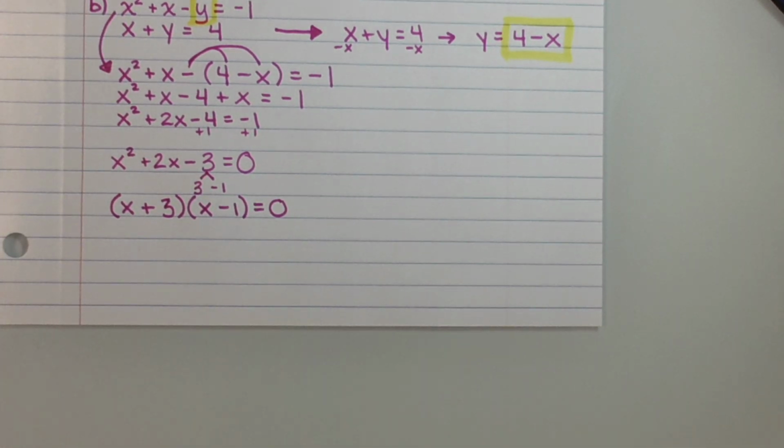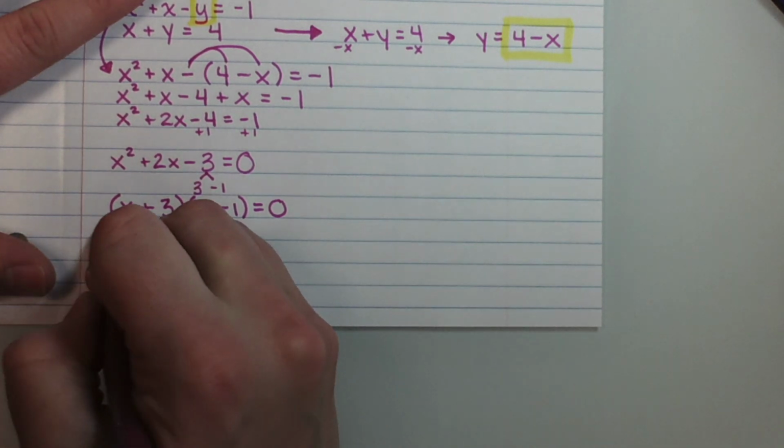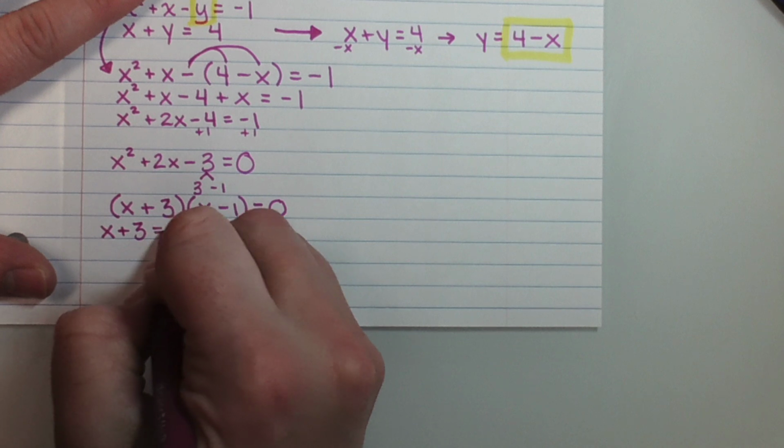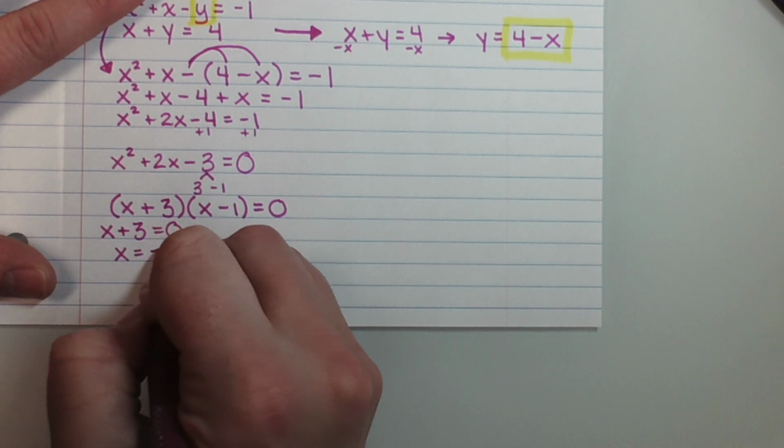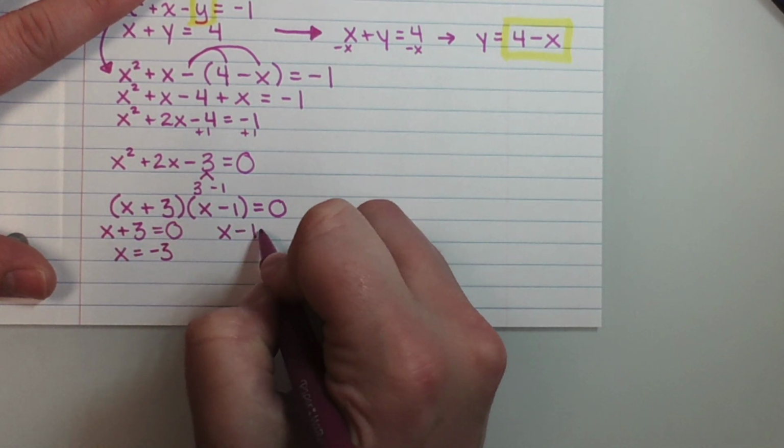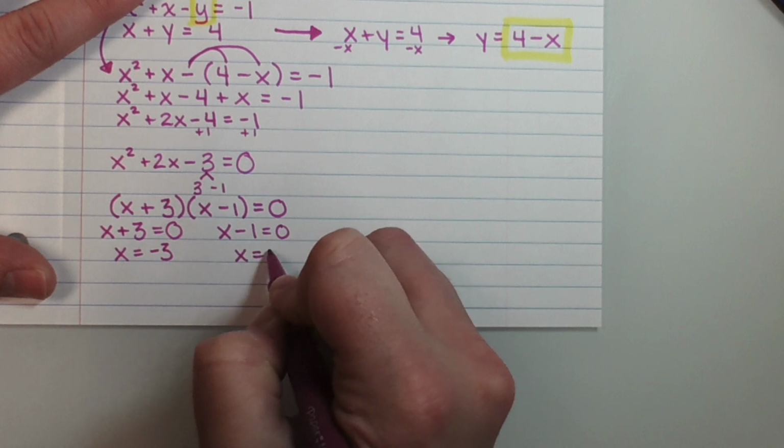What is the only way those things multiply together and give me 0? One of them is 0, which means either this x plus 3 is equal to 0, in which x is negative 3, or this x minus 1 is equal to 0, in which x is equal to 1.